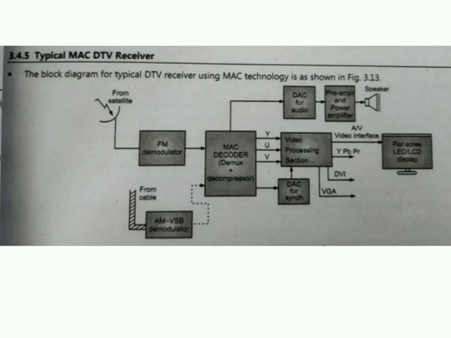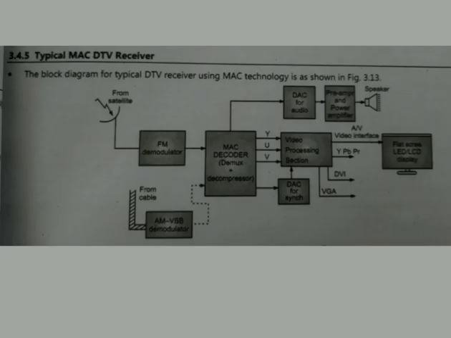We can see in the diagram the video processor that is used for different video effects like PIP and slow motion effects in the DTV picture receiver. Thus, we can see here the MAC DTV receiver produces high quality audio and video outputs for the purpose of receivers to receive the signals.